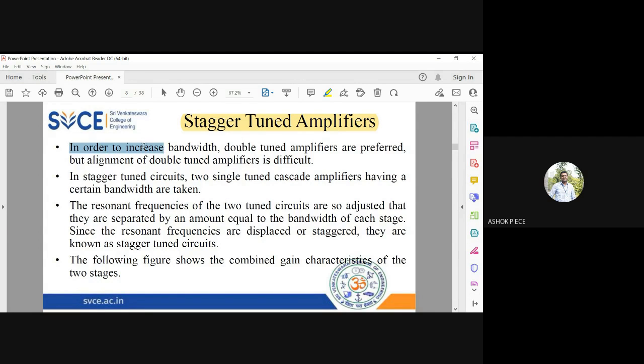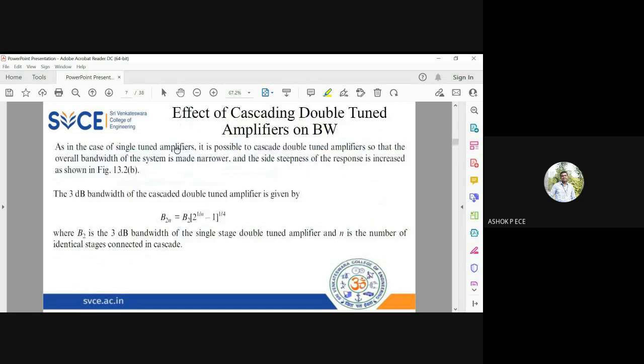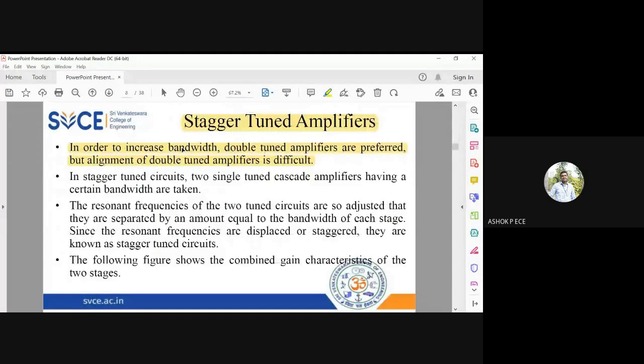As I said, when bandwidth is the major constraint in a real-time application, in order to increase your bandwidth you may consider going for a double tuned amplifier. But the circuit design of a double tuned amplifier makes it difficult to implement, because for transformers we don't have a simplified circuit. It has to be connected externally.